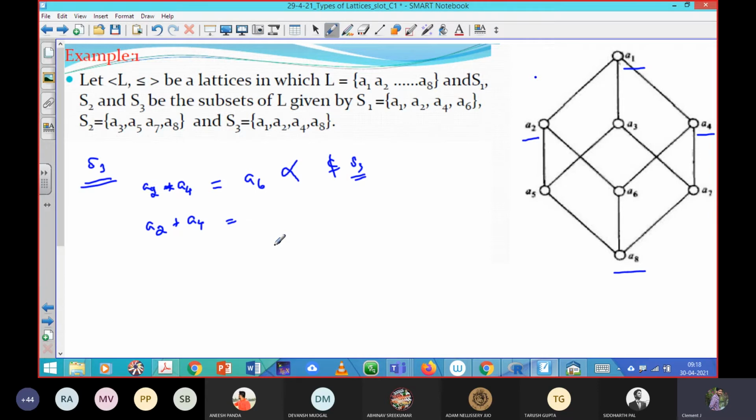But if it is not a sublattice, it is enough to show only one counter example. Because A6 does not lie inside the subset S3, I can simply conclude that S3 is not a sublattice.